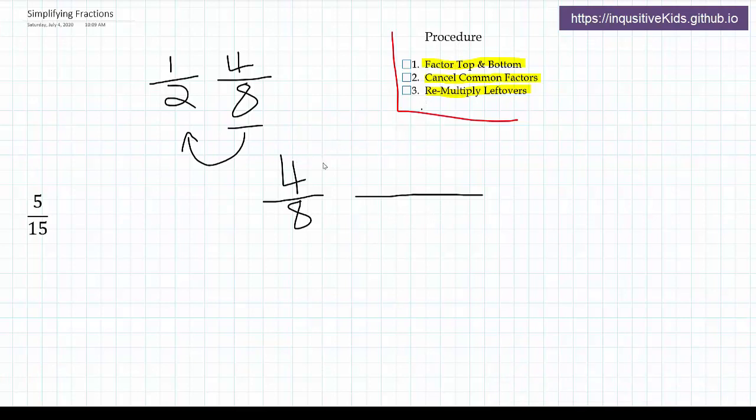Now let's start factoring number 4. 4 can be factored out as 2 times 2. And 8 can be factored out as 2 times 2 times 2.